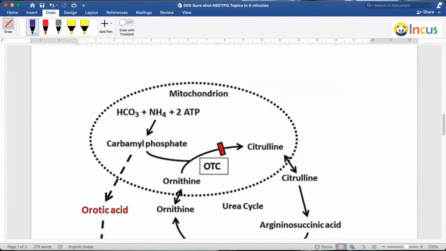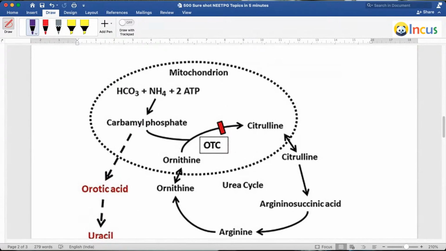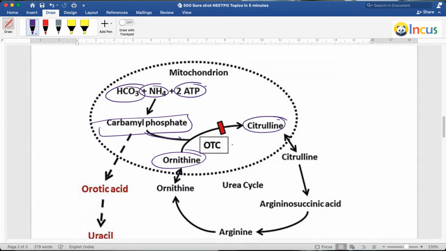So you can see here, the bicarb, ammonia plus 2 ATP combine to form carbamyl phosphate. Carbamyl phosphate will enter by combining with ornithine to form citrulline. So entry into urea cycle for the carbamyl phosphate occurs courtesy of ornithine transcarbamylase.